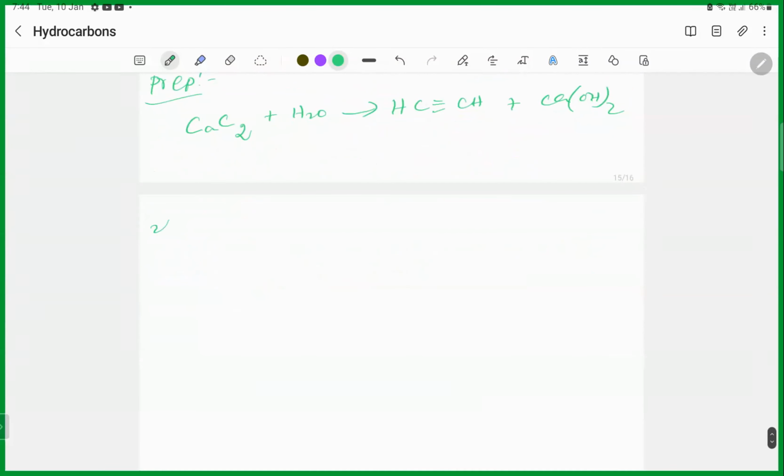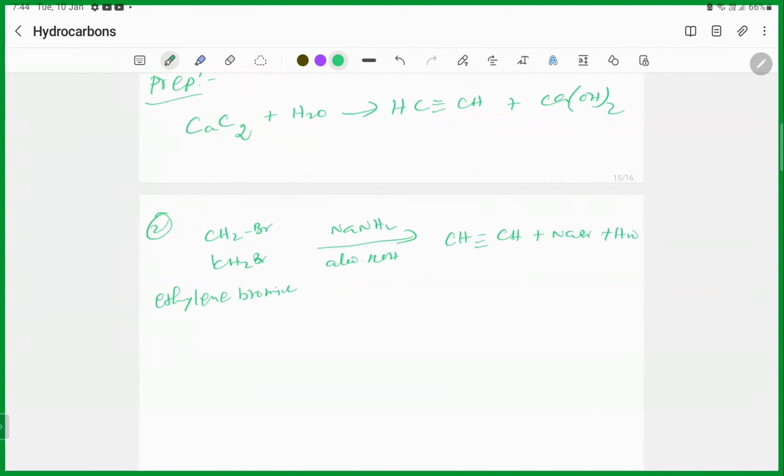And then the second method, when you have alkyl bromide, if you treat this with sodamide and alcoholic KOH, it will give acetylene plus sodium bromide plus water.